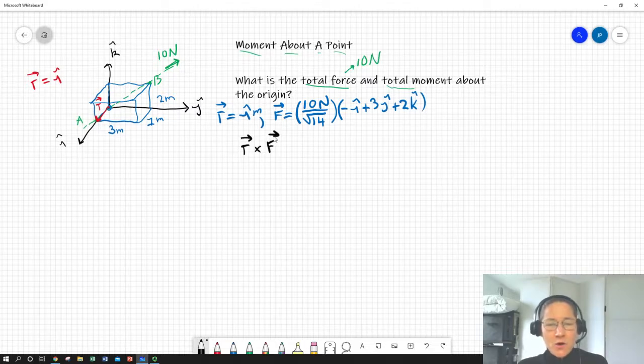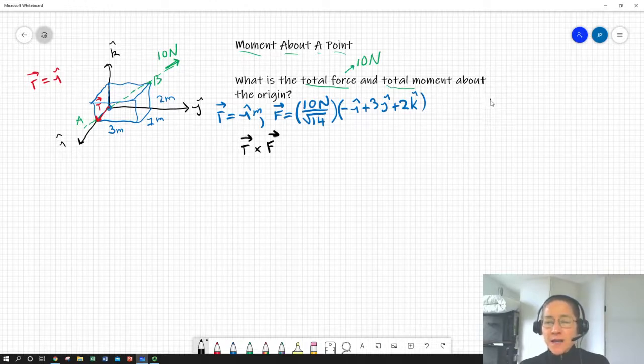And for the moment, I am going to leave off the meters and the 10 newtons divided by root 14 because we know that we can distribute a scalar over a cross product, a vector product. That's one of the great properties of vector products.